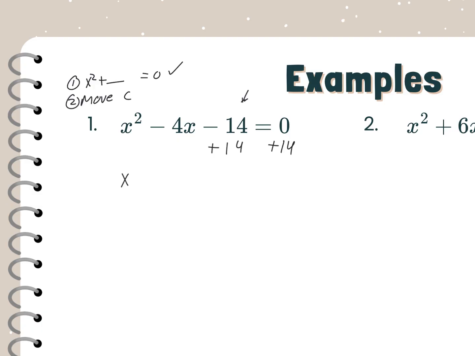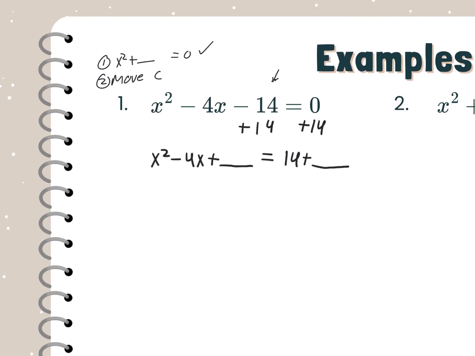So then I get x squared minus 4x, and I'm going to add a little blank space here, and you're going to see why in a second. Equals 0 plus 14 is going to be 14 plus another little blank. I'm going to add the same blank in both spots. And then the third thing I want to do is add b over 2 squared, and that's what we said before on the last page.